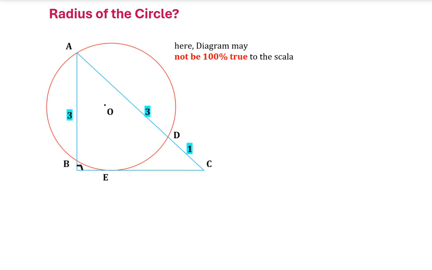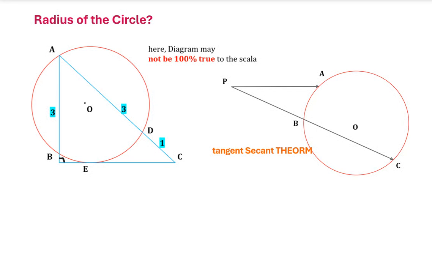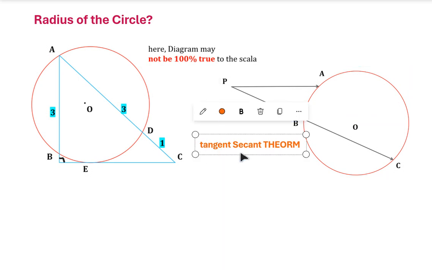Let's start. Very first step, we have to understand an important theorem related to tangents within a circle, which is the tangent secant theorem. What is the tangent secant theorem?